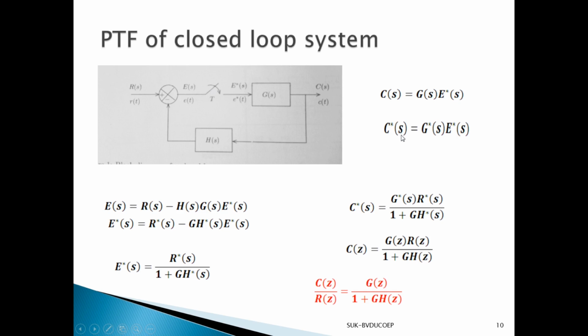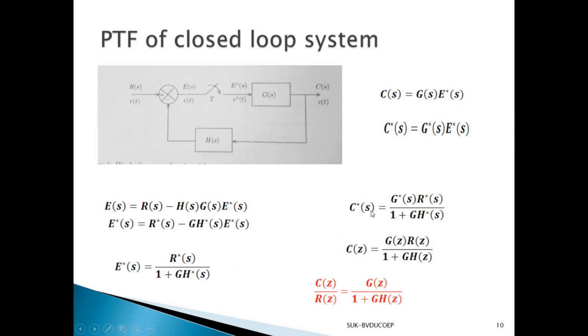There is no sampler here, so I have not taken this signal, H(s) into C(s). So C(s) is this G(s) E star(s), and this I am now sampling. E star(s) is equal to R star(s) minus, now this is multiplied directly, G into H, there is no sampler in between, so GH star(s) into E star(s). So E star(s) is equal to R star(s) upon 1 plus GH star(s).